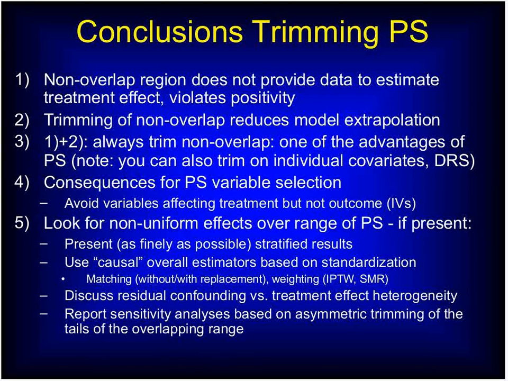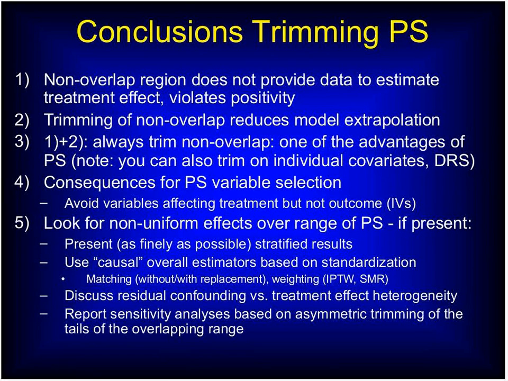My last slide is just about the conclusions on trimming on propensity scores. Because the non-overlap region does not provide data to estimate the treatment effect, and these regions violate positivity, and trimming overlap reduces model extrapolation, taking these two together, I think in my book you should always trim for non-overlap.